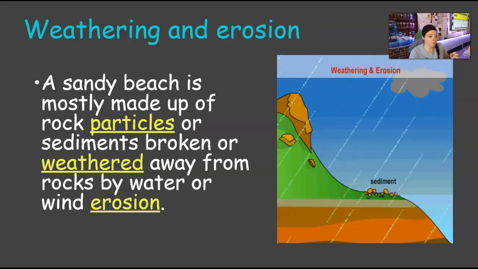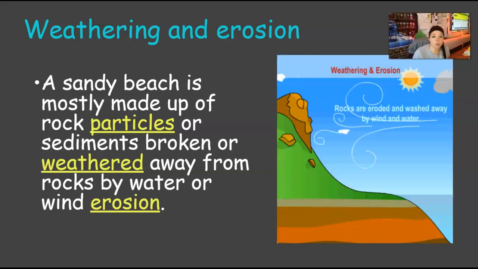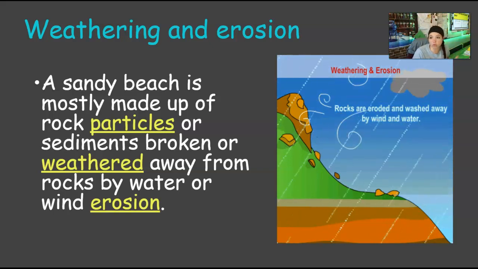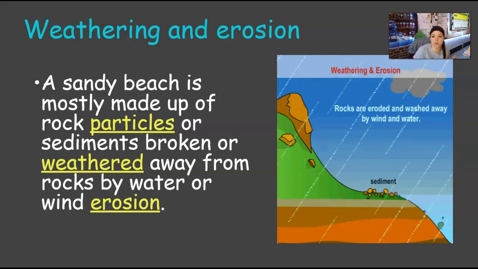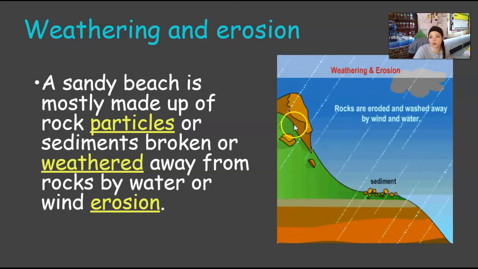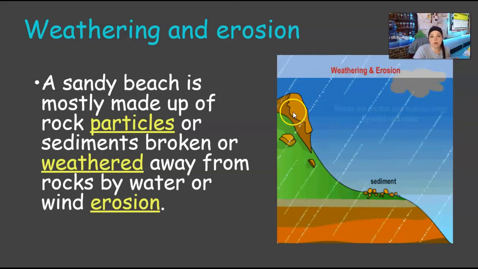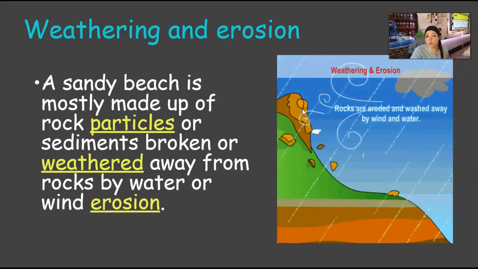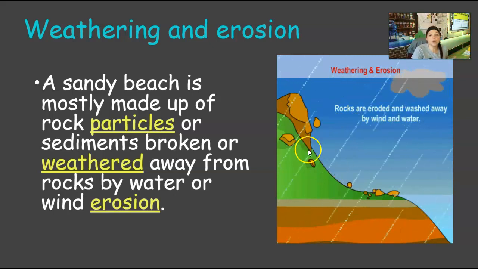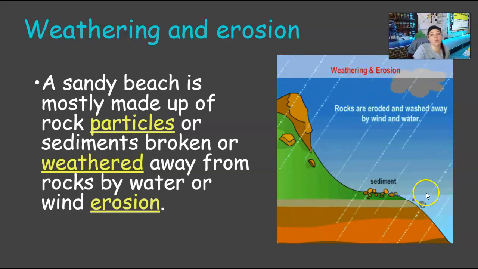So weathering, like at sandy beaches, most are made up of rock particles, right? Or sediments broken down or weathered. So weathering happens, water, wind, whatever. It breaks down a rock and it forms particles or sediments. And those travel away due to erosion.